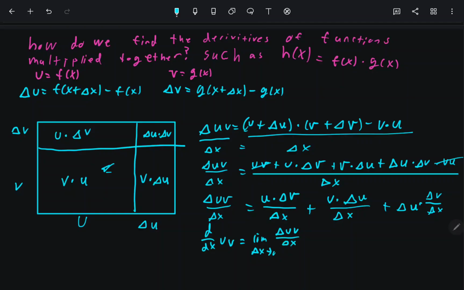We know what the change of uv is, so we are going to substitute all of this in for this limit. This is just the normal derivative quotient, which is really the same thing as f of x plus h minus f of x.